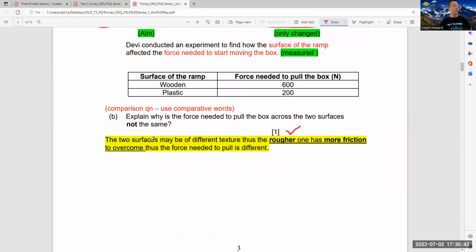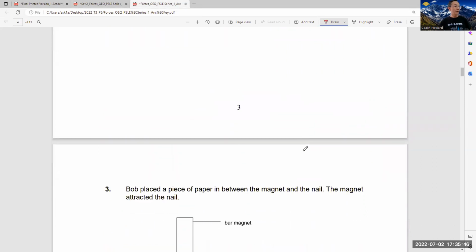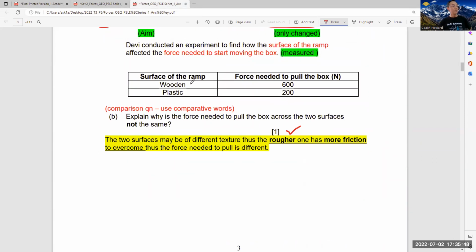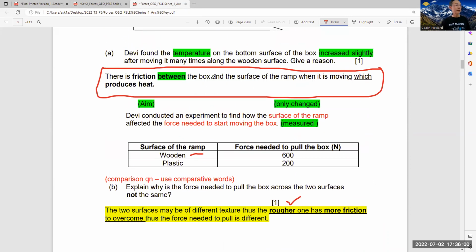The two surfaces are of different texture. So to be more direct, you can say that the wooden surface has a rougher surface than a plastic surface. Therefore, it produces more frictional force between the box and the ramp.